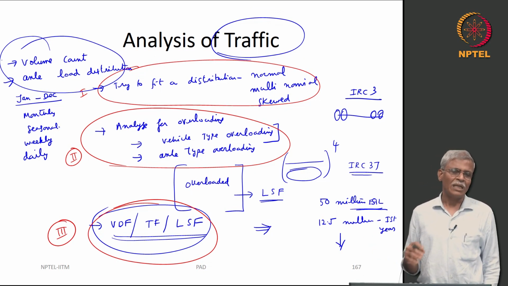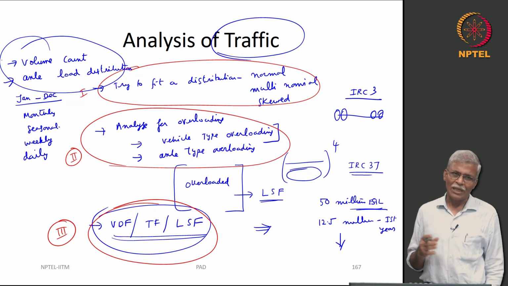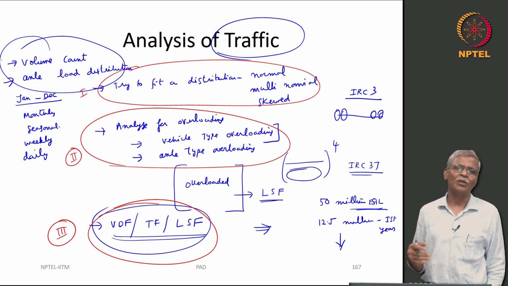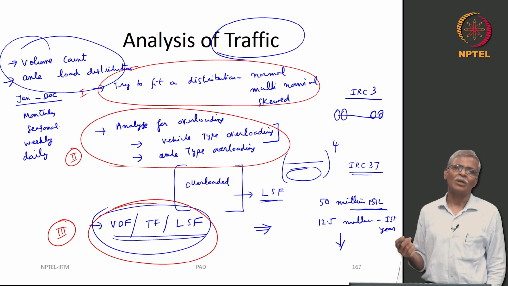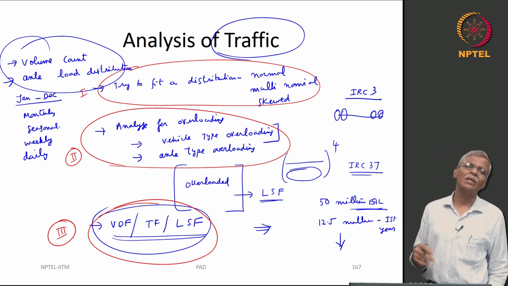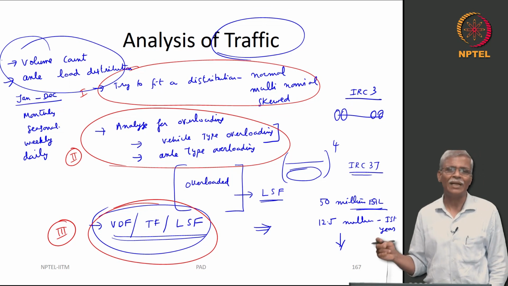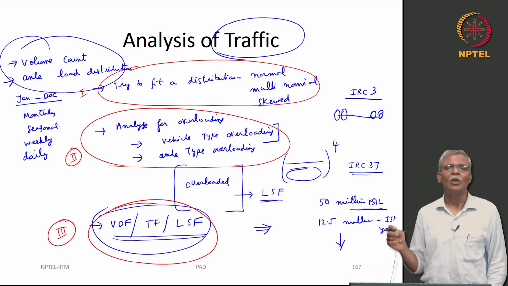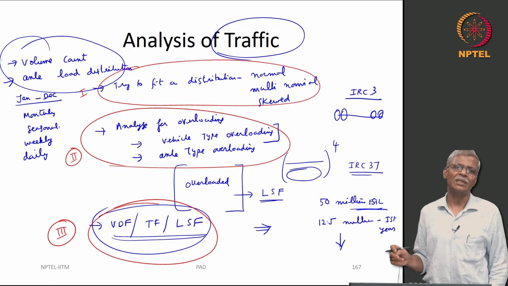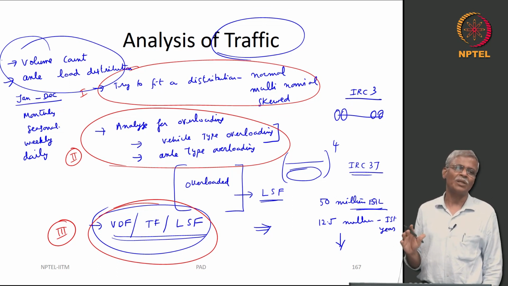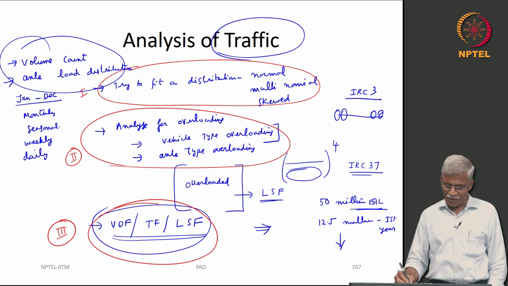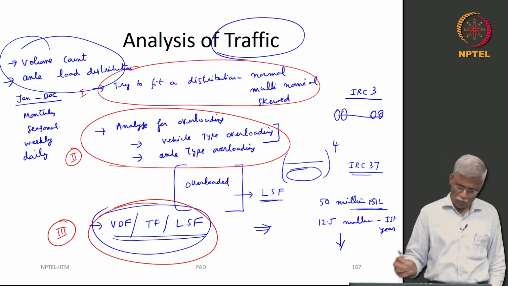So, in real life, if you have a 2-lane highway and you are computing the axle load distribution, and you are not careful about the geometric capacity and relating it with the axle loads, you might end up with a design which is highly inappropriate. That kind of a check has not really been done, and that is something that you could do.